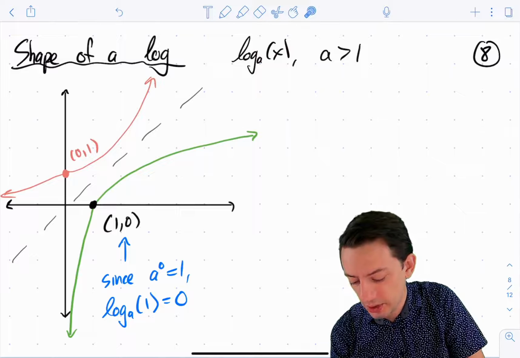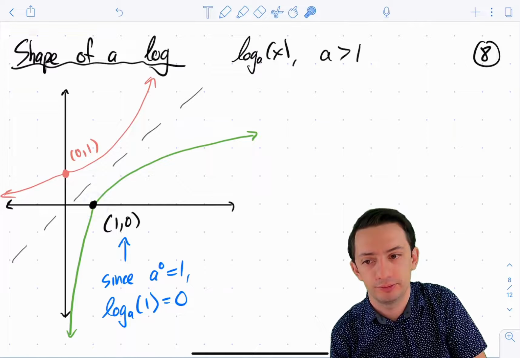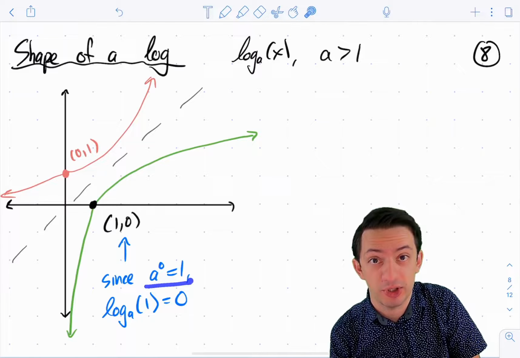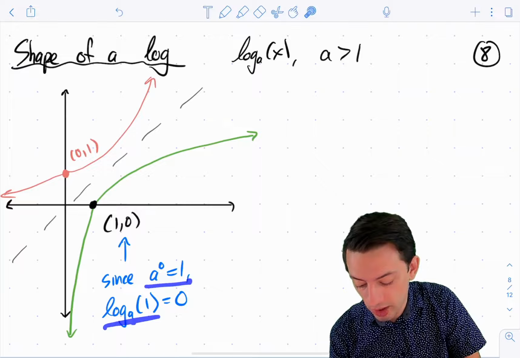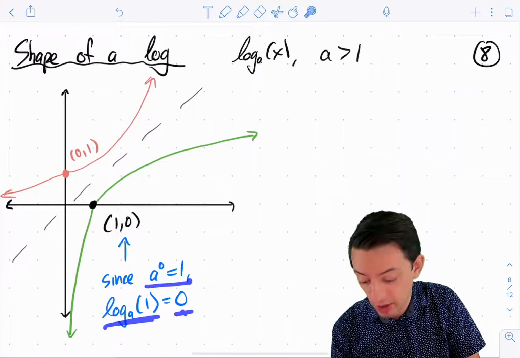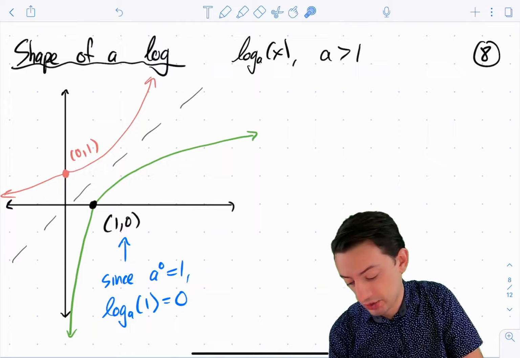So it's always going to cross at an x-intercept of 1, 0. The reason is because a to the 0 is 1. That's a rule that we talked about. That means that log of 1 equals 0 because it has to reverse the process. Log of 1 is 0 for any base a. So it's going to cross 1, 0.